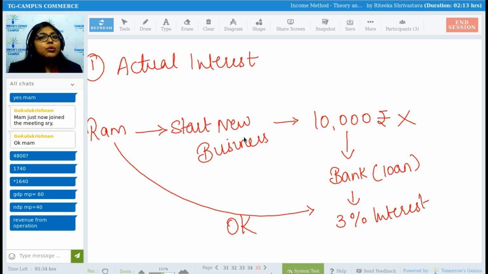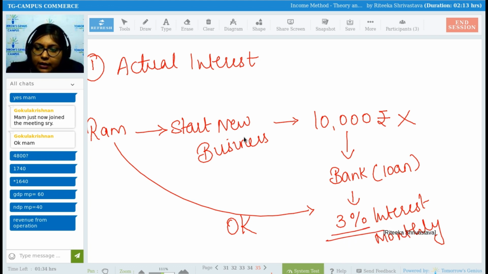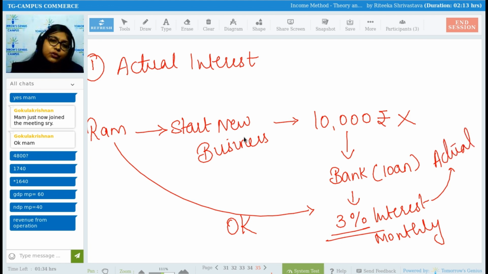He says, okay, fine, you give me the loan and I will pay you 3% interest on a monthly basis. Fine. So now this 3% interest, this value of interest, is called actual interest. Actually, he is going to pay the interest. Fine. So this is the concept of actual interest.